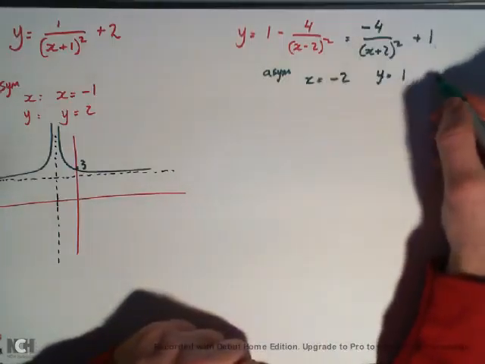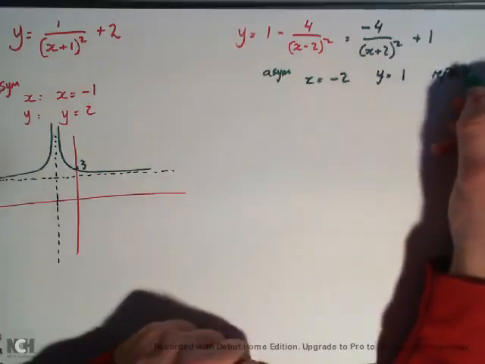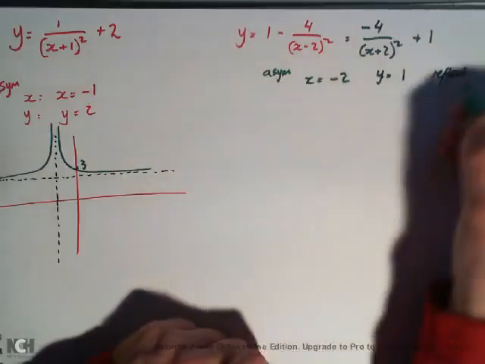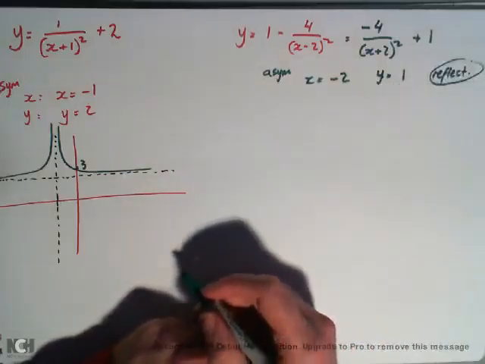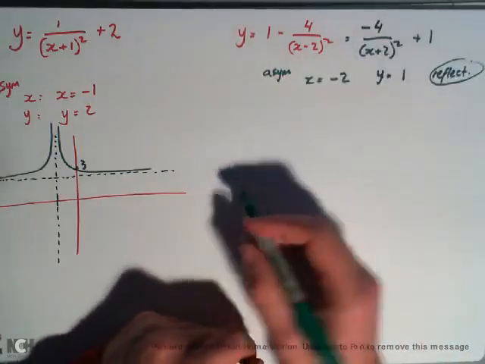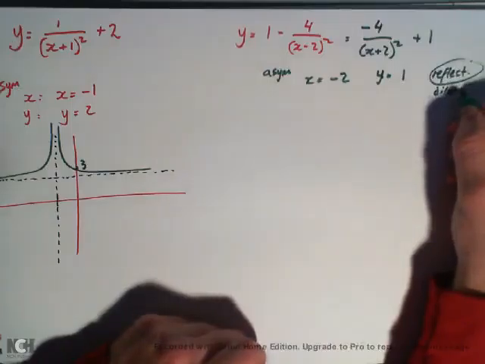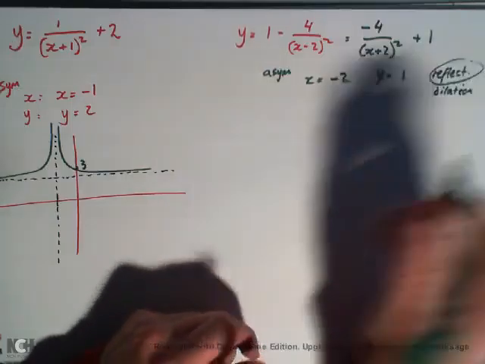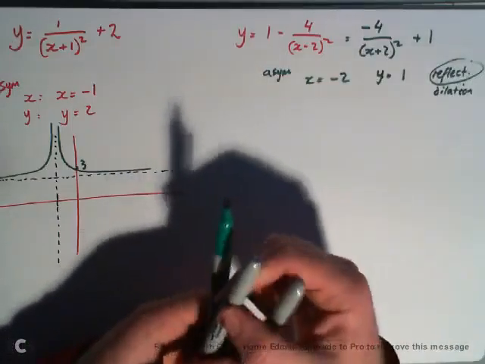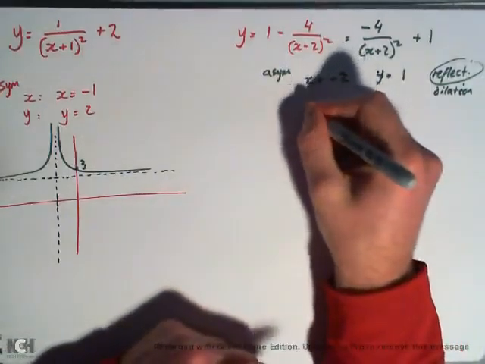And we've also got a reflection this time, so don't want to forget that. We've also got a dilation. So there's a fair bit happening. Let's just draw our set of axes in first.